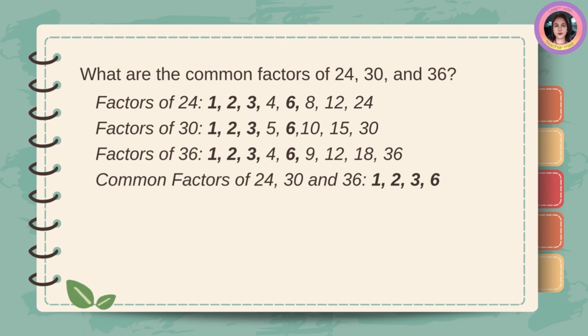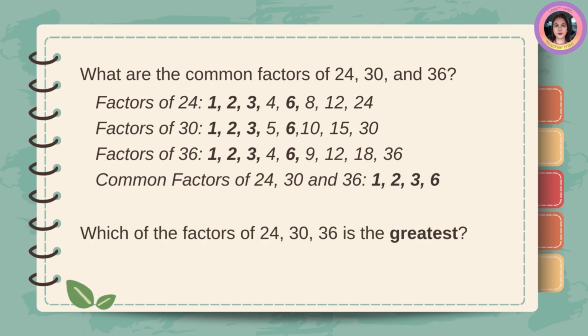Factors of 36: 1, 2, 3, 4, 6, 9, 12, 18, and 36. Common factors of 24, 30, and 36: 1, 2, 3, and 6. Which of the factors of 24, 30, 36 is the greatest? The answer is 6.